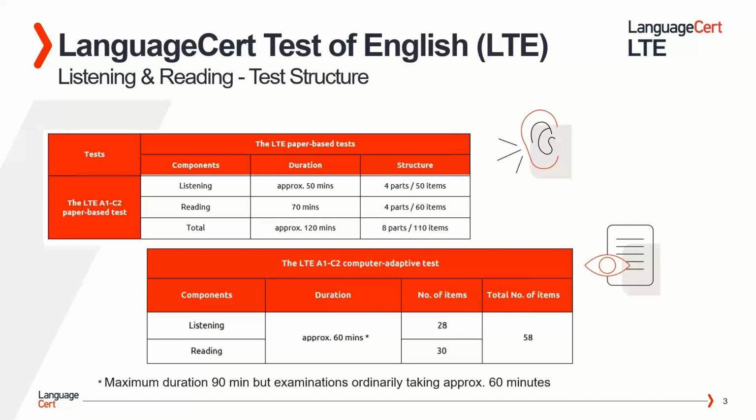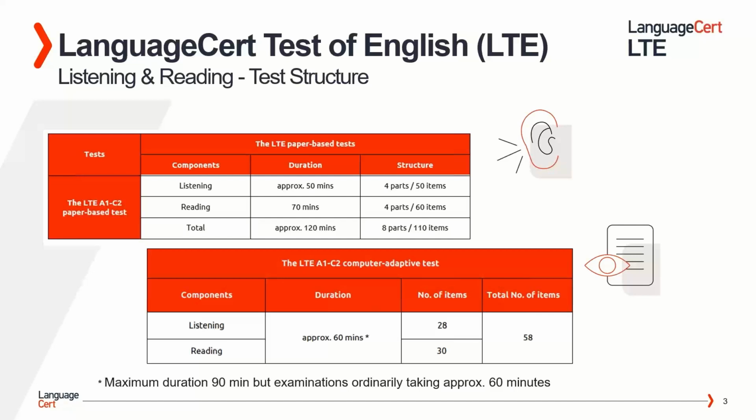You will notice that should the test taker opt for the computer-based format of the examination, the duration of the computer adaptive test is significantly shorter, approximately 60 minutes, compared to the duration of the paper-based test, which is 120 minutes. You will notice too that the number of items of the computer-based test is significantly smaller, 58 items, compared to the number of items of the paper-based test, 110 items.